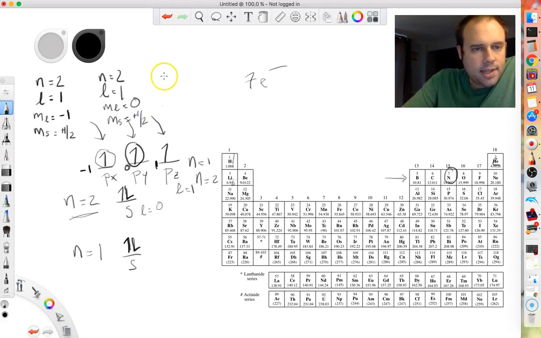Okay, and hopefully you can see the same thing over here. I'm going to have the same N, the same L. My M sub L in this case is going to equal 1. And then my M sub S would equal +1/2, because these are all spin up, right?